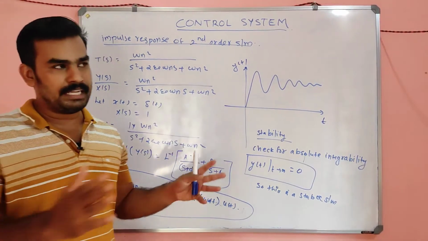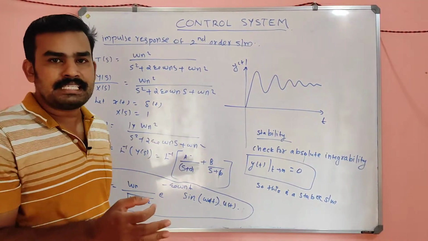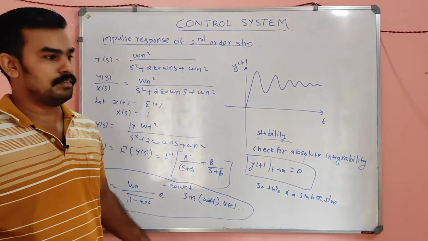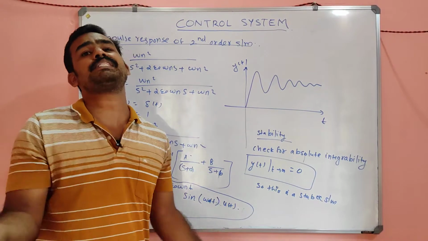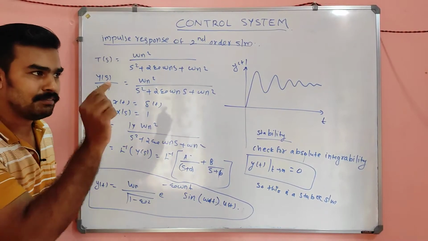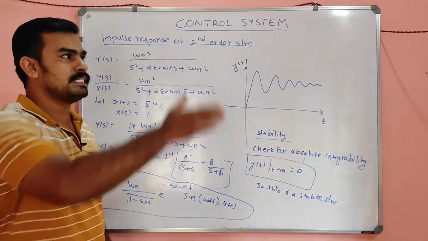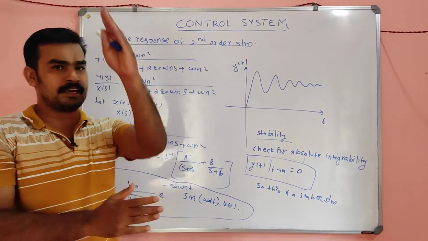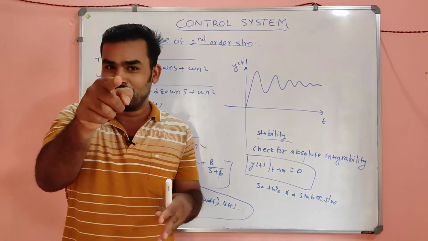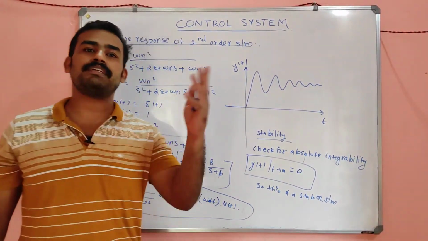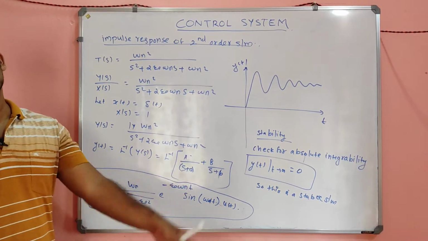For S domain analysis, if it is in Laplace transform, you simply check the poles. How can we check? Take the denominator and equate it to 0, you will get the poles. If any pole lies on the right half of the S plane, that is, on the right side of the imaginary axis, the system will be unstable.